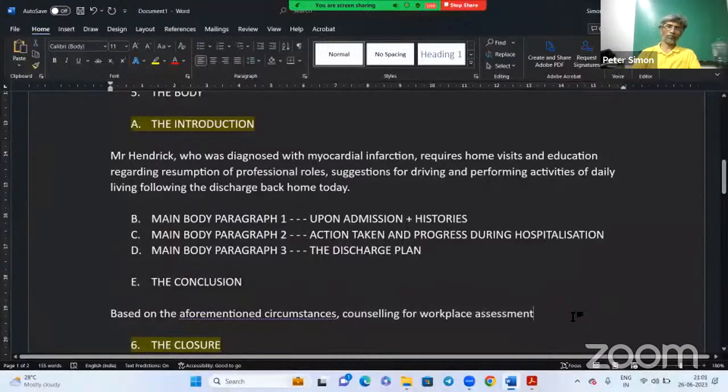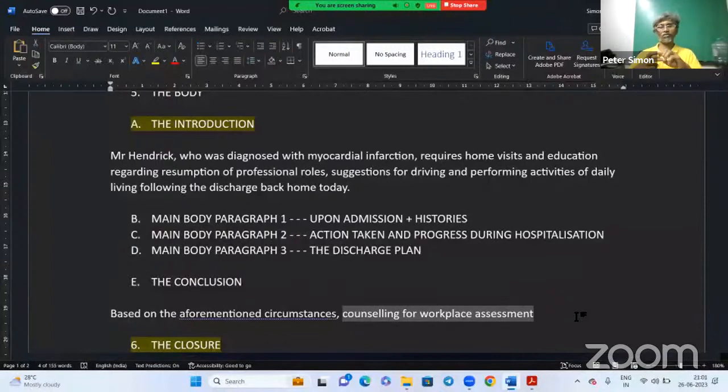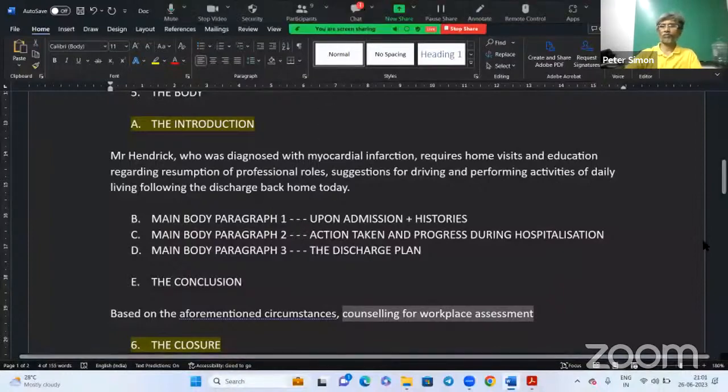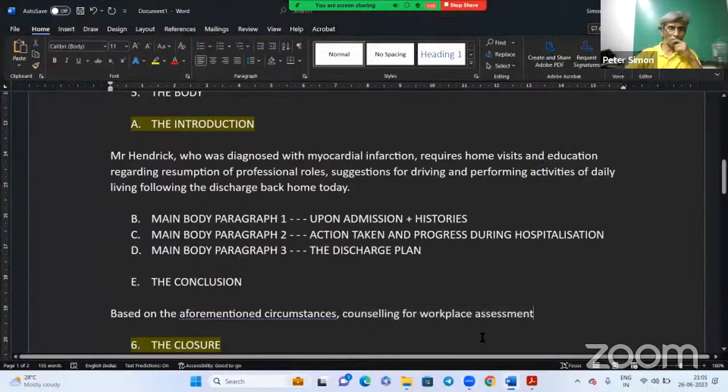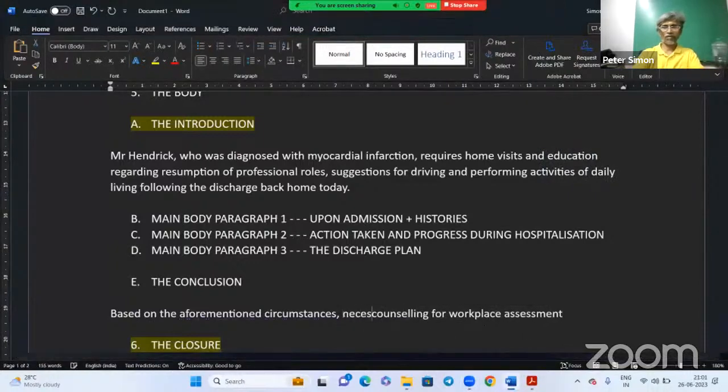So based on the aforementioned circumstances, based on the above conditions, based on the circumstances discussed above, or in view of the above. So, yes, good evening, Dil Rashid. Necessary counseling for workplace assessment, comma.